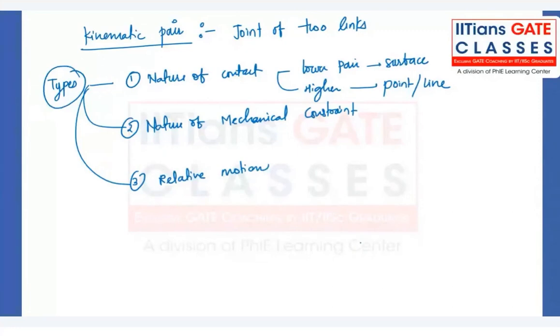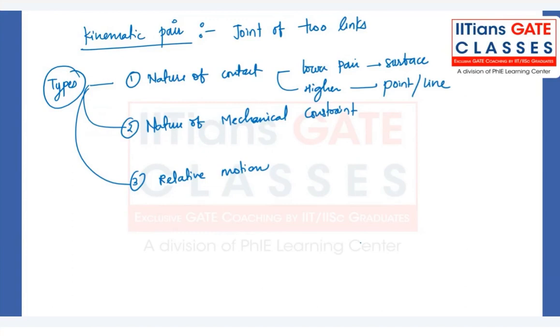Whereas if you take the example of a slider crank chain, or a nut turning on a screw, or a shaft rotating in a bearing, all these are examples of a lower pair, where the two members have surface contact between them. So that is the differentiation between lower and higher pair.